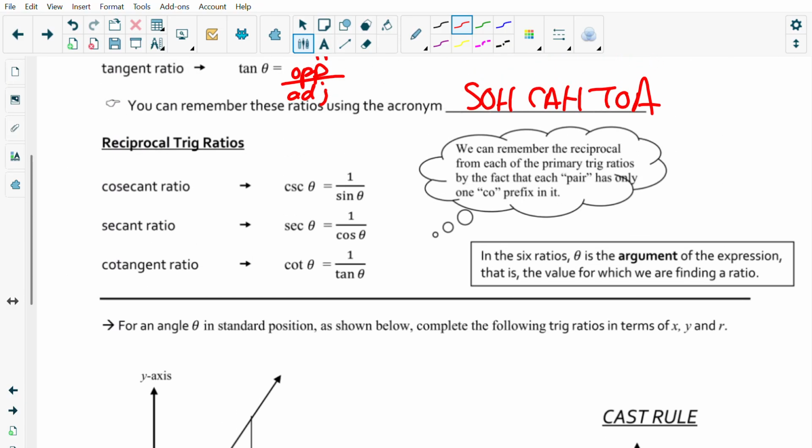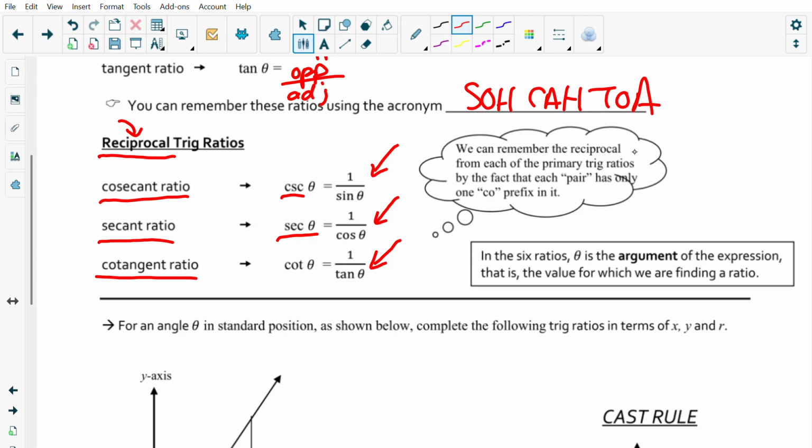In this course, we're going to learn the reciprocal trig ratios. So exactly as it says, reciprocal, we have what's called a cosecant ratio, abbreviated CSC, of theta, which is the reciprocal of the sine ratio. The secant ratio, SEC theta, is the reciprocal of the cosine ratio. And the cotangent ratio is the reciprocal of the tangent ratio.